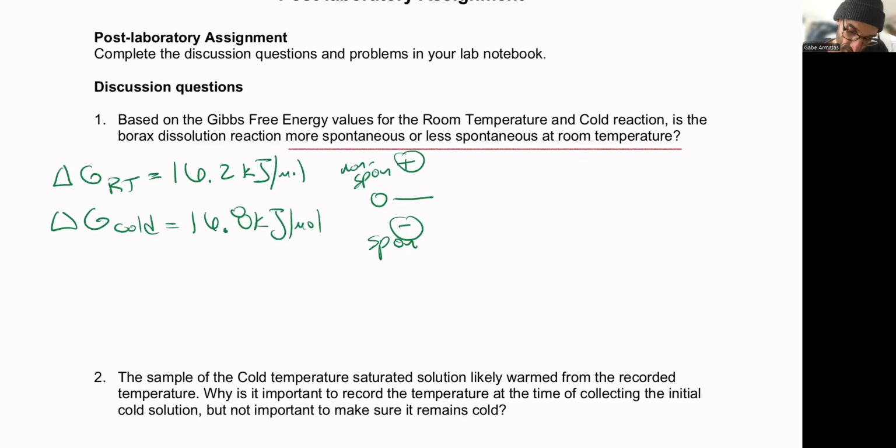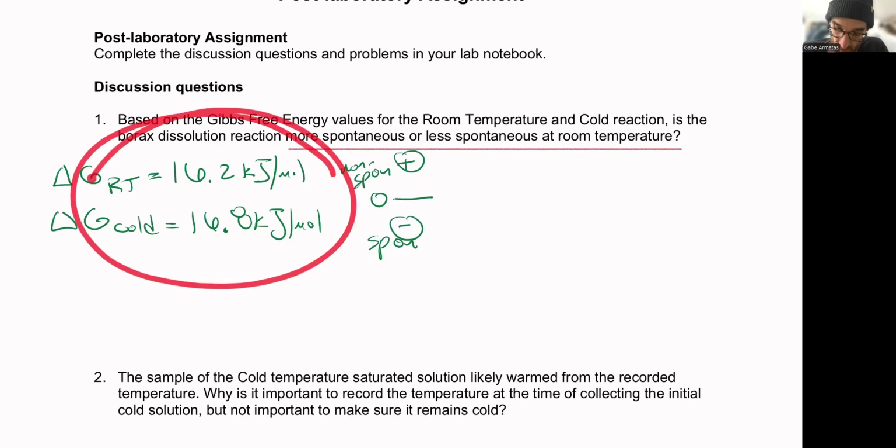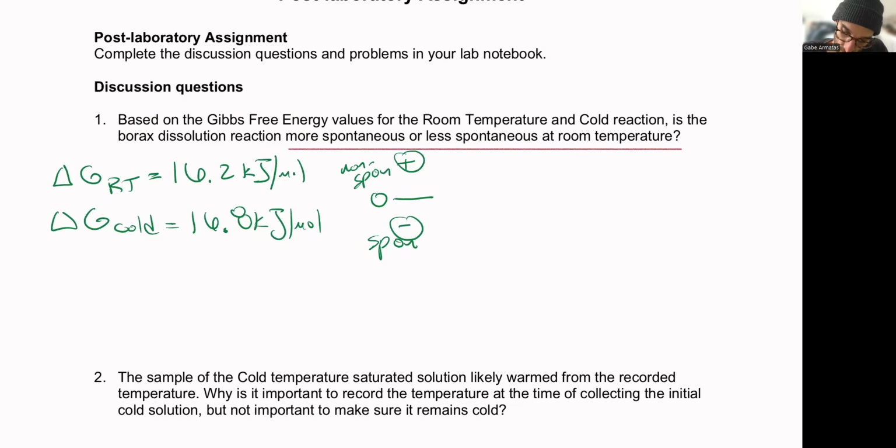So if we look at these two values, what we see is room temperature is lower. Okay, so if it's lower, that means it is technically more spontaneous because it's closer to the spontaneous value of negative. So lower, therefore, is more.